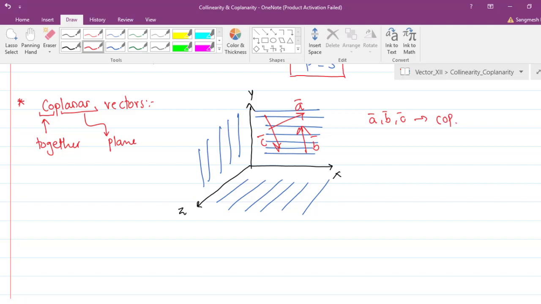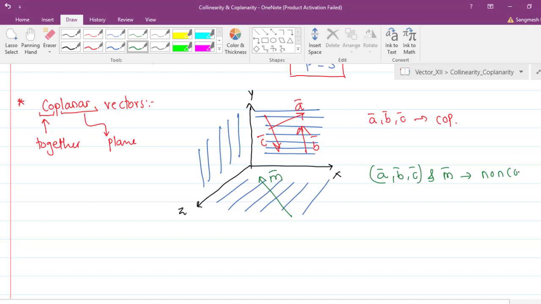But the moment I add another vector here, and we'll name it m bar, is this m bar coplanar with a, b, c bar? No, because a, b, c are lying on the xy plane, m bar is lying on the xz plane. Therefore what you can conclude here is a bar, b bar, c bar and m bar are non-coplanar vectors.